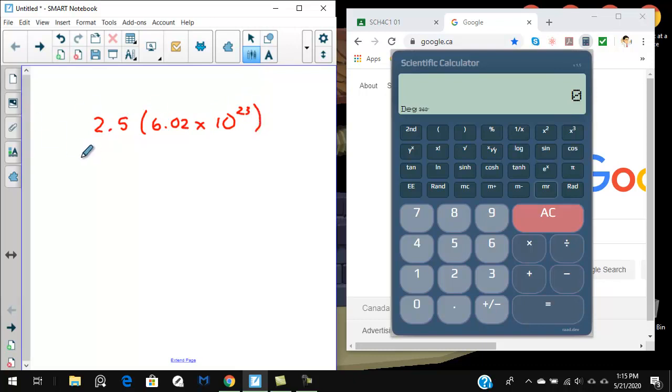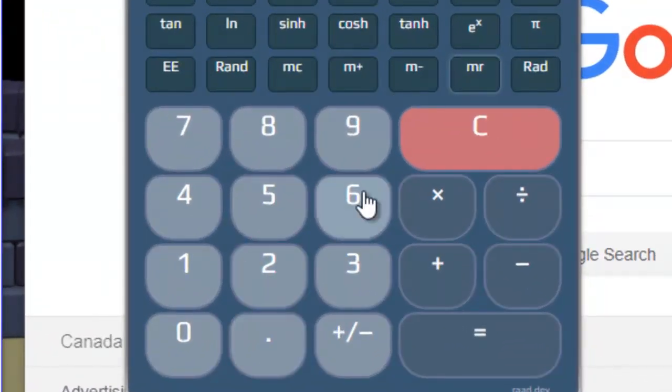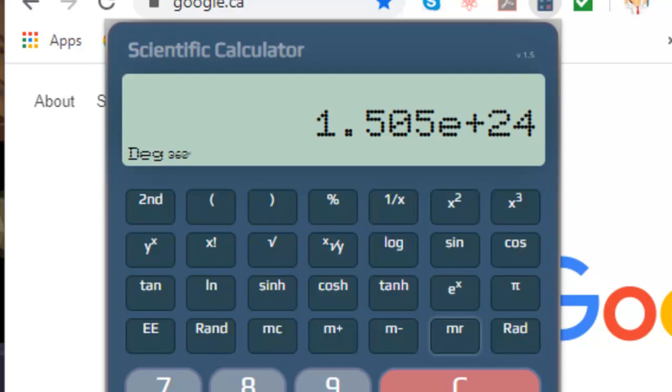If you went to your calculator and typed in these numbers, you'd go 2.5 times 6.02 times 10, and then we'd have to go to the power y to the x, 23, equals, and we get 1.505 E 24. The E means times 10 to the 24th. Okay.